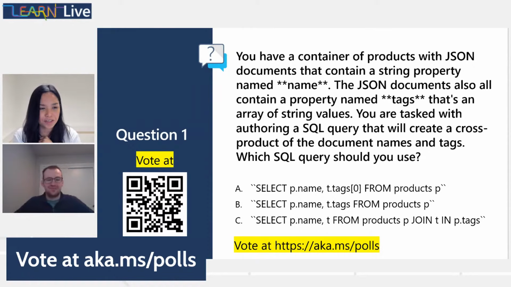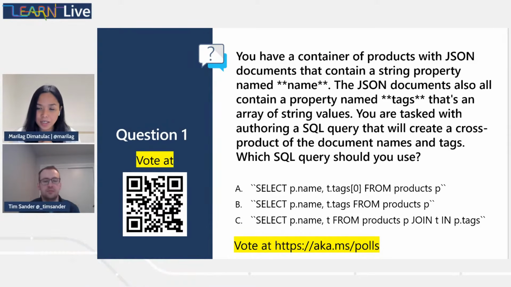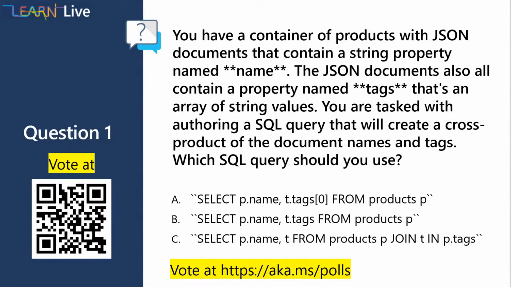So, first question: you have a container of products with JSON documents that contain a string property named name. The JSON documents also all contain a property named tags, which is an array of string values. You are tasked with authoring a SQL query that will create a cross product of the document names and tags.